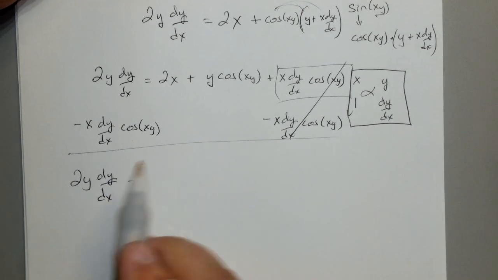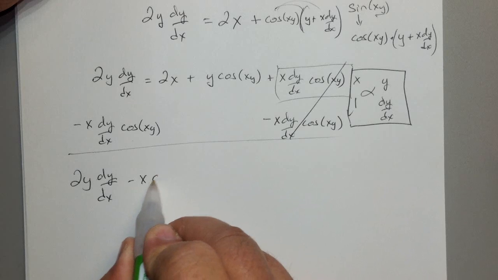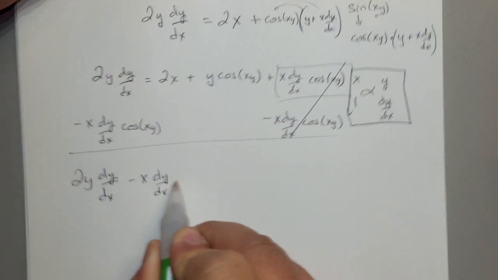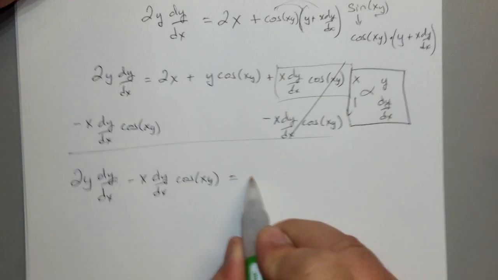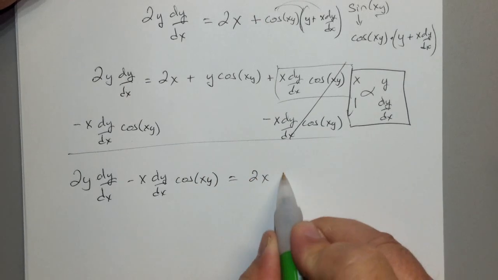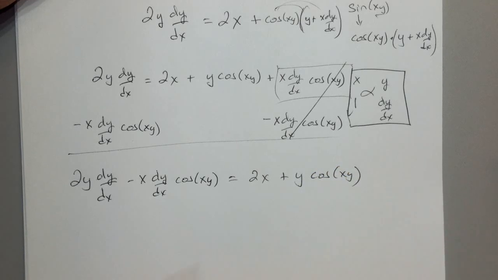So left side we have 2y dy dx minus x dy dx cosine xy equals 2x plus y cosine xy.